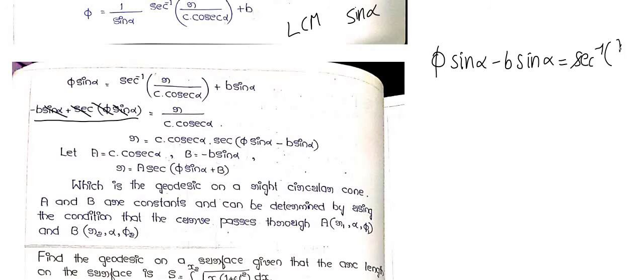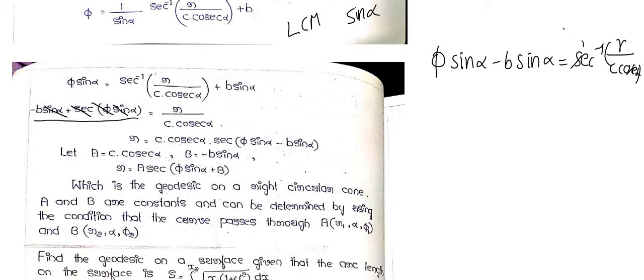Observe this term. All of you observe this one. This one here, plus becomes minus, that is phi into sin alpha minus b into sin alpha equal to secant inverse of r by c cosecant alpha as it is.